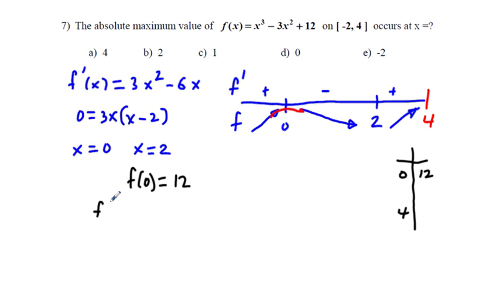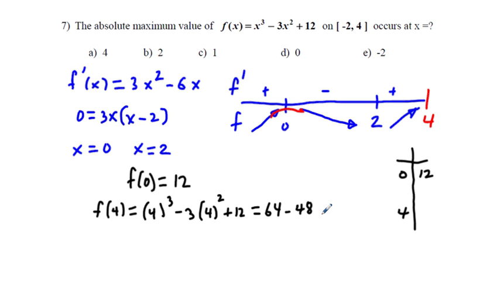And next we're going to find f of 4 and see what that gives us. Well, that's going to give us 4 cubed minus 3 times 4 squared plus 12. 4 cubed is 64, and 4 squared is 16. 3 times 16 is 48, so we're going to be minus 48 plus 12. 64 minus 48 is 16, plus 12 is going to be 28.